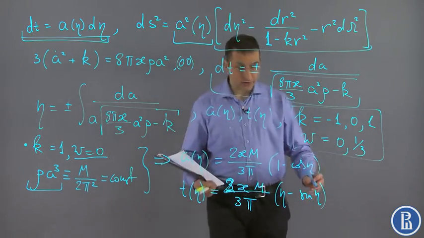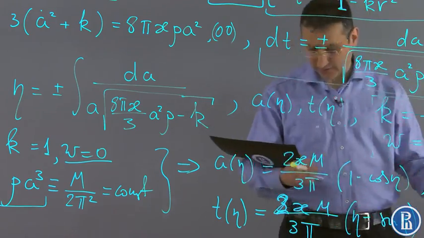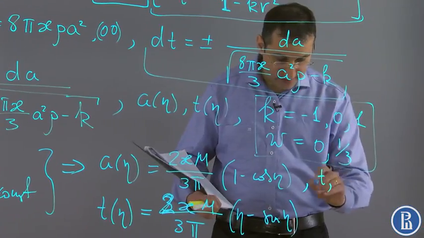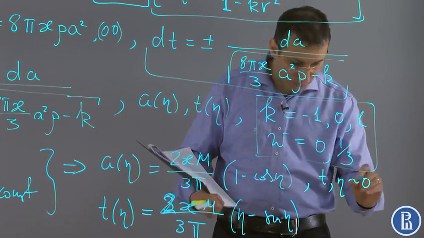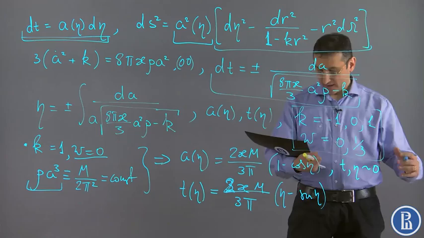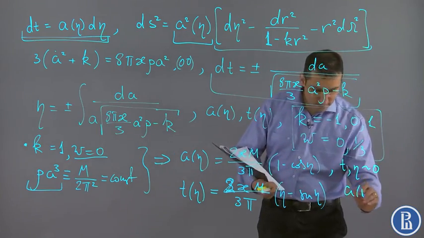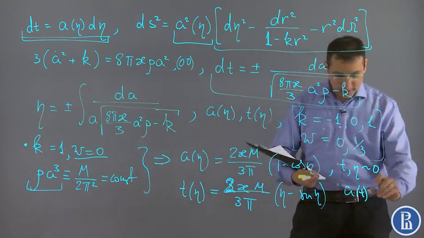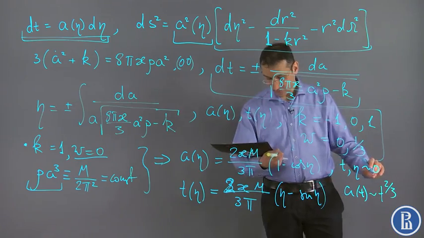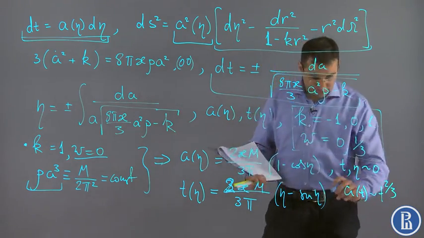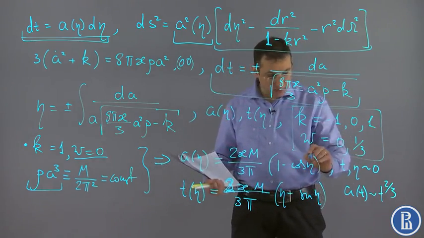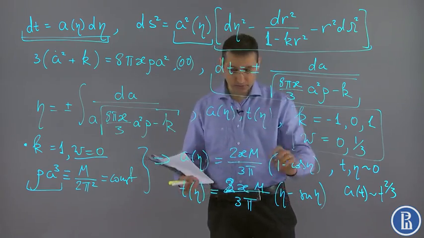So now for small eta, this solution describes the following situation. For small t and small eta, so when we start the evolution of the universe, A of t, as follows from here, is proportional to t to the power 2 over 3. So our evolution starts at eta equal to 0, when A is equal to 0.